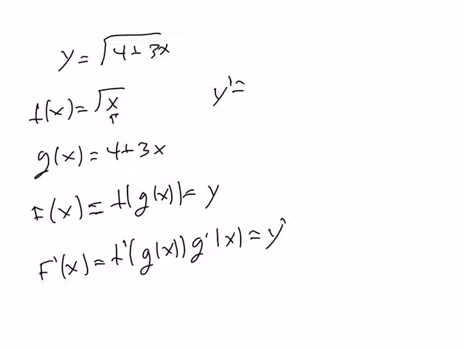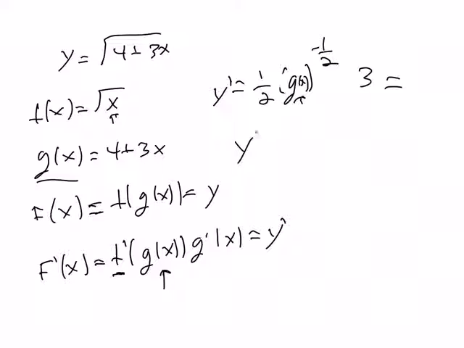So y prime is going to be taking the derivative of f, so that's a half x to the negative a half, but then plugging in g of x whenever you see an x over here, and then taking the derivative of g of x, which is 3. If we actually write it out, y prime is a half, and g of x is 4 plus 3x, to the negative a half, times 3.